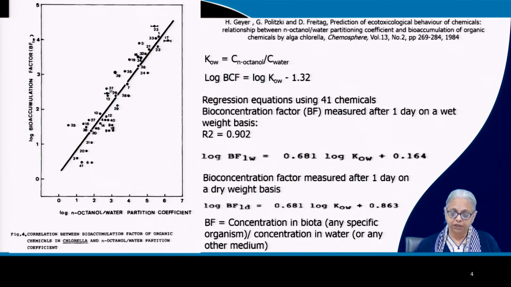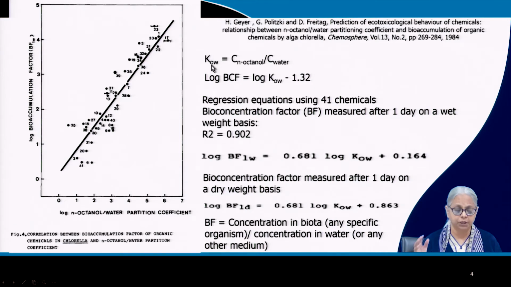Before I go into all the details, let me give you an example of bioaccumulation and what it is related to. So here on this graph, you see two factors. On the x-axis, you have log n-octanol divided by water partitioning coefficient. That's log KOW.